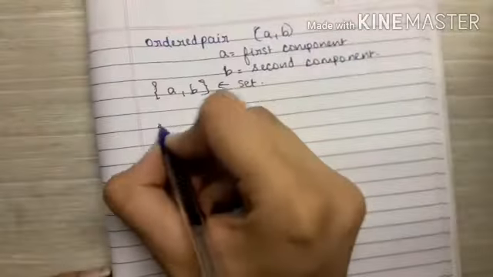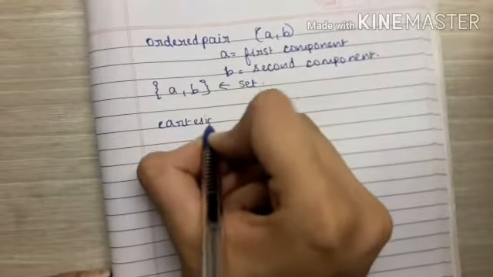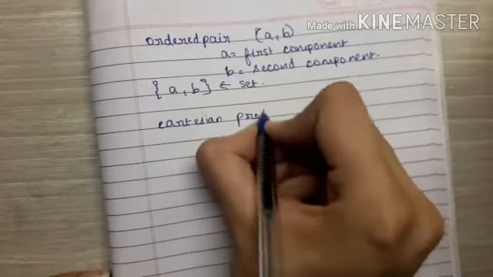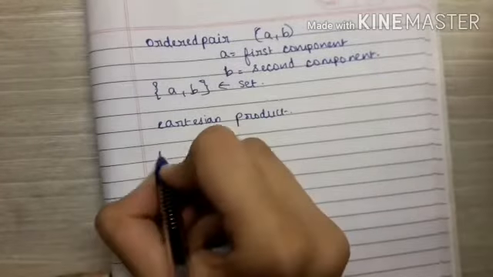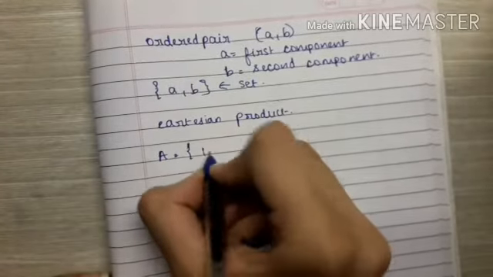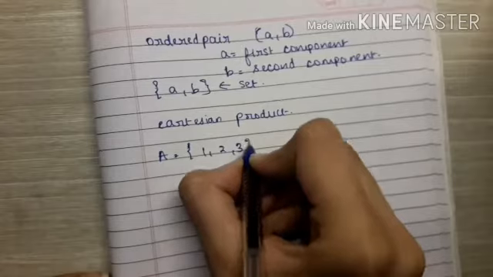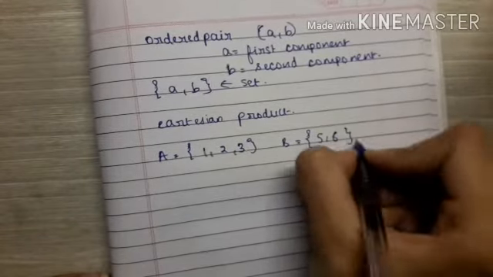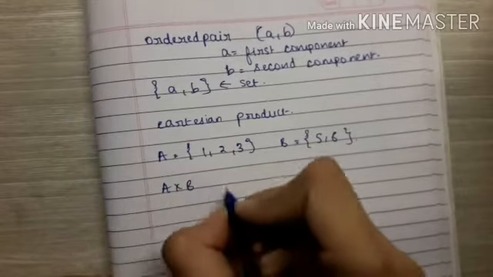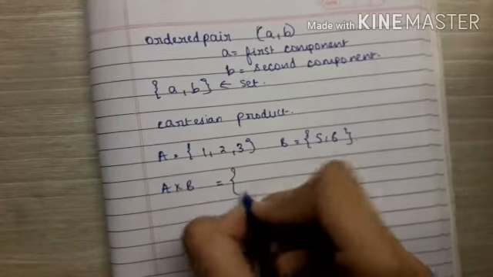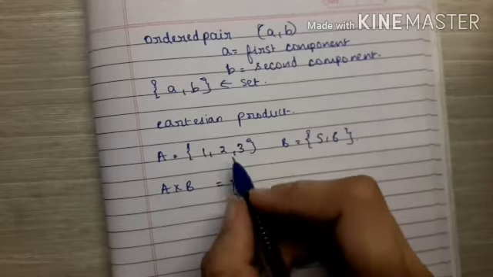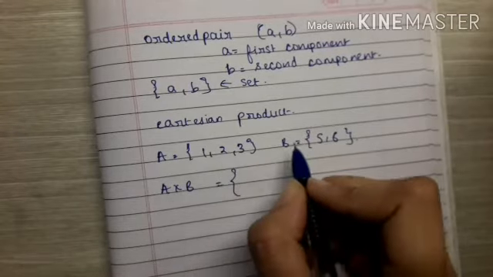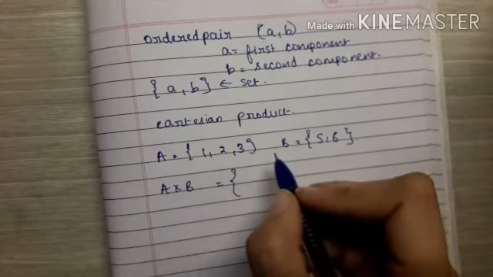Now let's move on to a Cartesian product. So if we have the sets A = {1, 2, 3}, these are the elements of set A, and B = {5, 6}, then A cross B is how you write the Cartesian product. Its Cartesian product basically means writing the ordered pairs of all the elements of both of these sets.